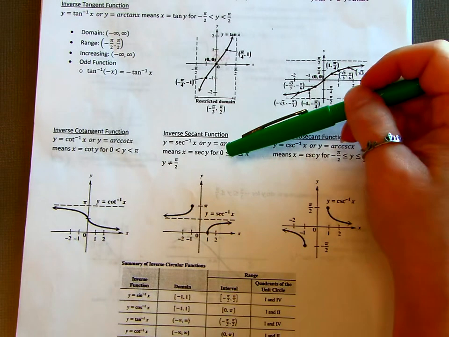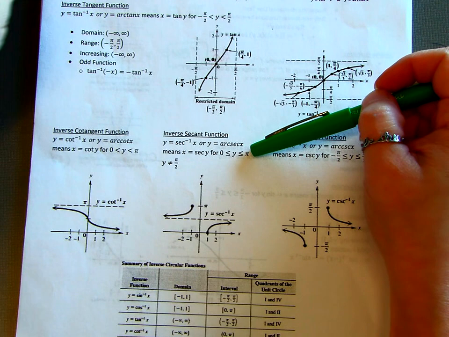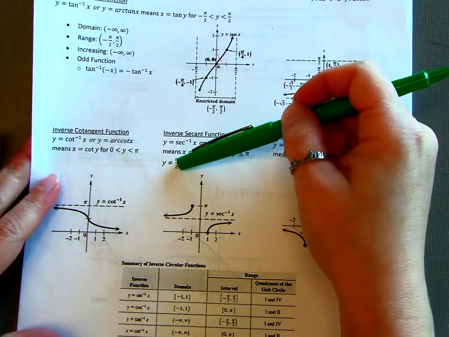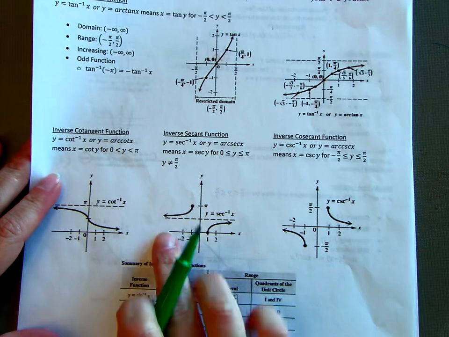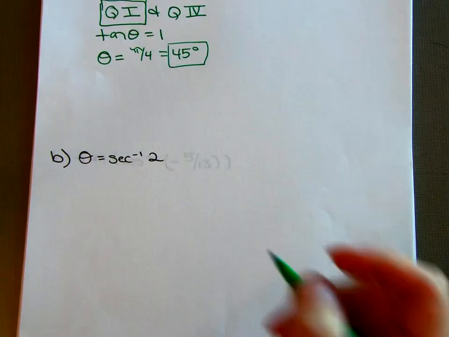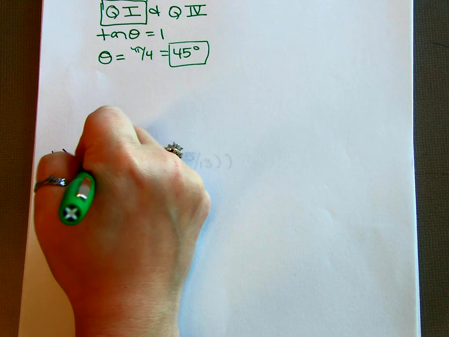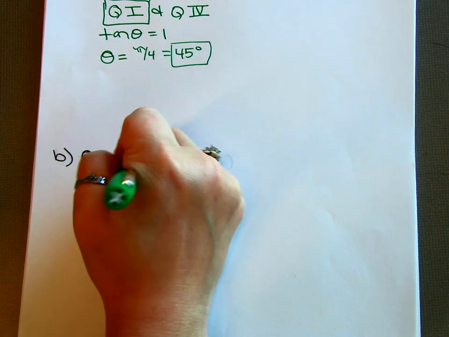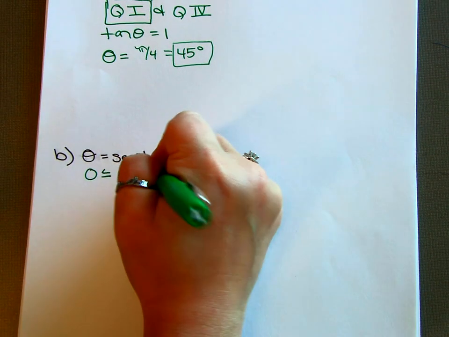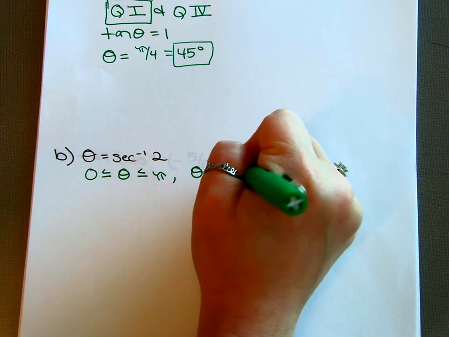Notice our limitations are between 0 and pi. And it cannot equal pi/2. See, we have an asymptote there that we cannot equal. So I'm going to write that in terms of my theta, just so I keep in the front of my mind where I'm going to be looking for my theta. Theta cannot be pi/2.